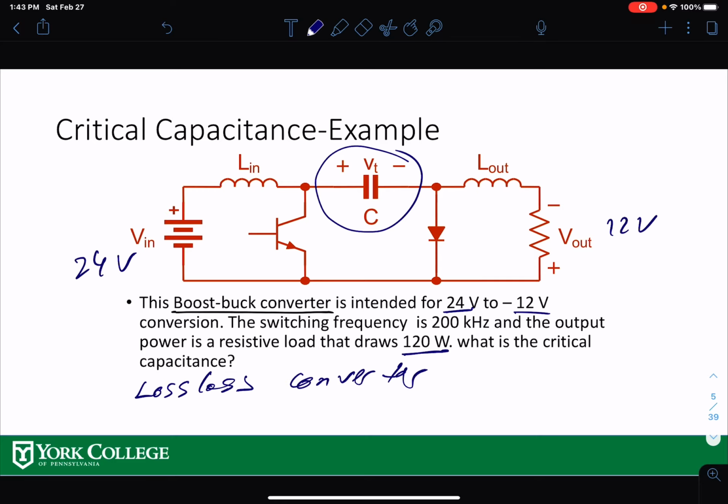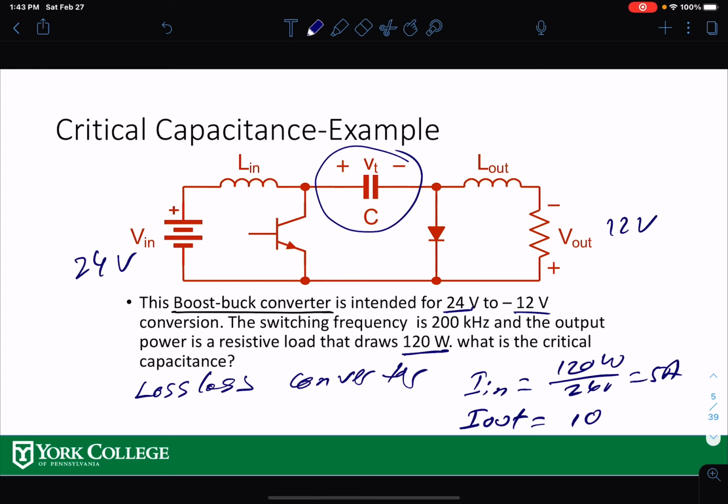That means your average input current would be 120 watts over 24 volts, which is 5 amps, right? And your average output current would be 10 amps, right? So those are two things you need: the input current and output current.